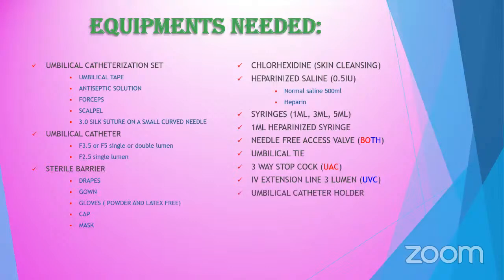And then the umbilical catheter holder. Of course, sterile gauze, and the arterial line transducer. This one we connect to the UAC to monitor the continuous, accurate blood pressure of the neonates. And then we also have the IP connector, the connector cable connected to the monitor through the UAC transducer.